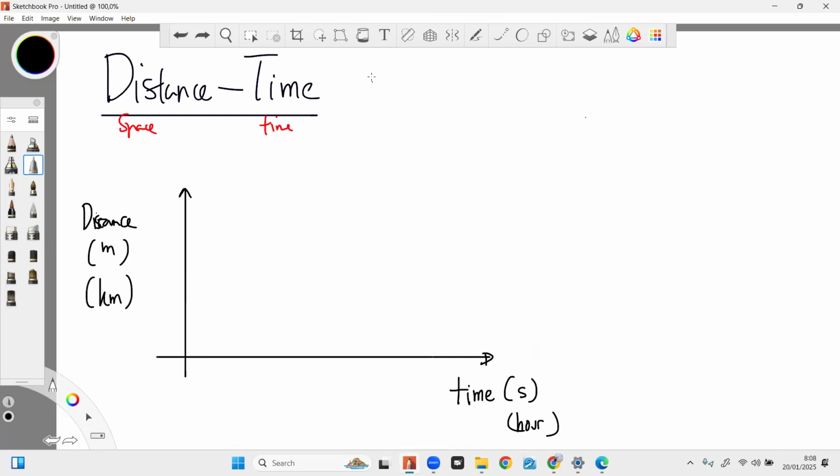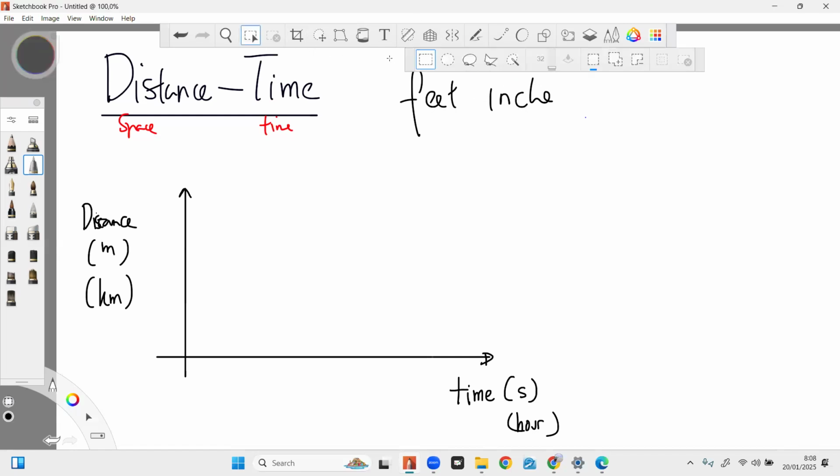So we use the international standard. We are not using the imperial units. Imperial units means feet and inches and so on. So we ignore this because we are not using the American way. We use the England standard, right?